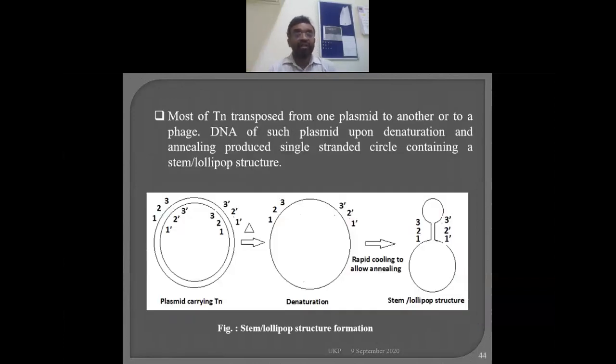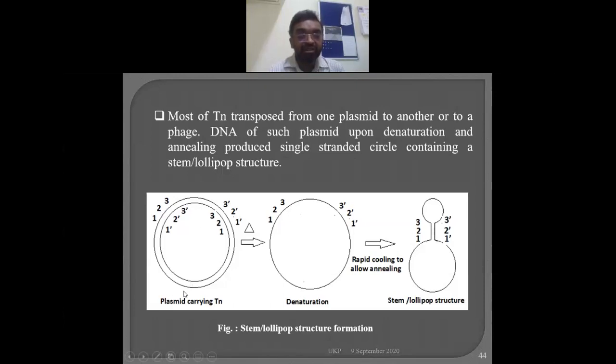Now, one more important thing is that most transposons move from one plasmid to another plasmid. So, for example, Tn5 or Tn9 comes into the plasmid. Now the IS element is there, and here also an IS element is there. IS elements end with the inverted repeat or palindromic sequences, and in between them the antibiotic resistance is there.